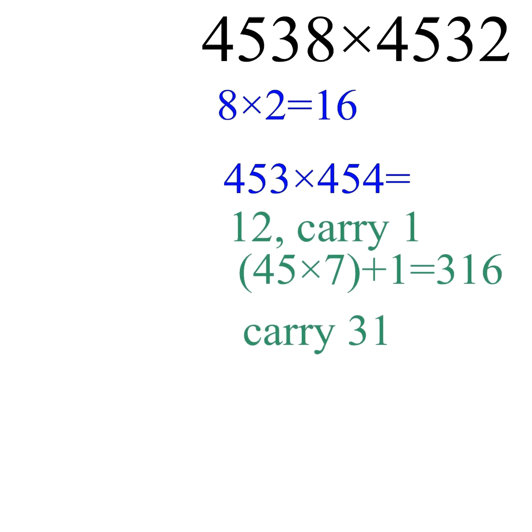and finally we multiply 45 into itself, which is just squaring a number ending in 5.